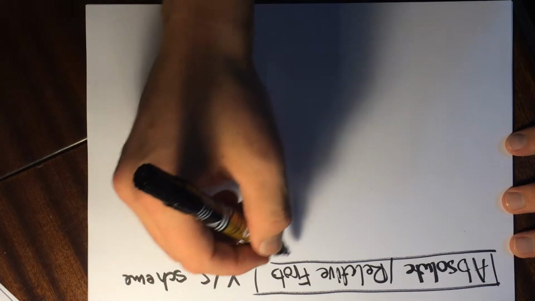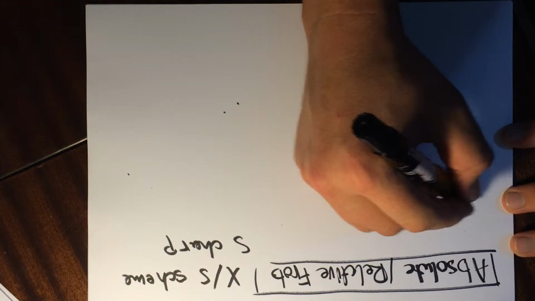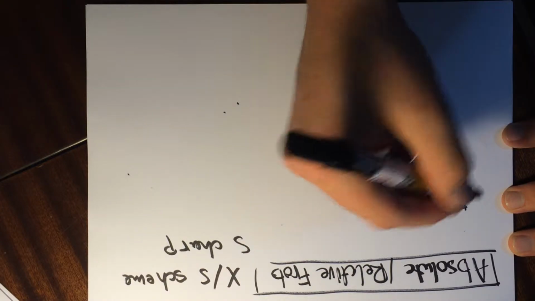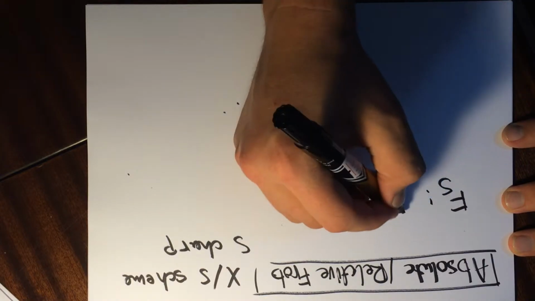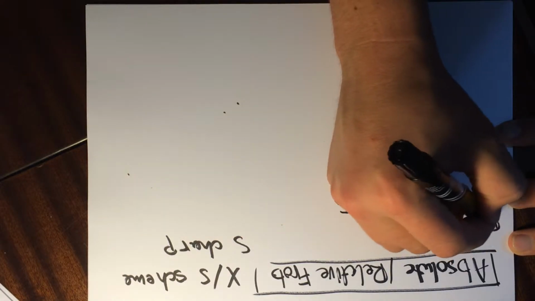Okay, so then we'll make a new notation. Whenever you have something in characteristic P, you always have a map like this. So this is the definition.